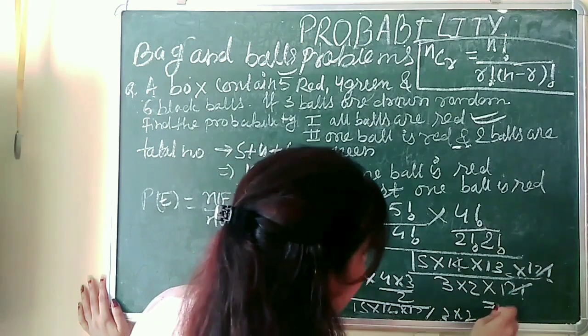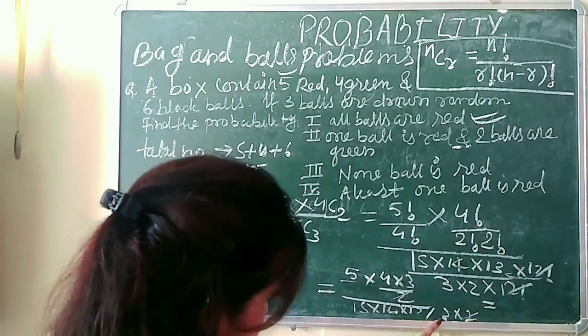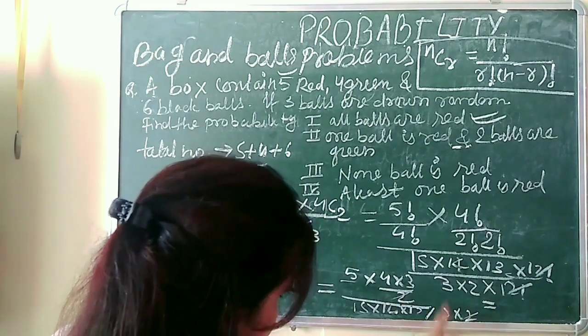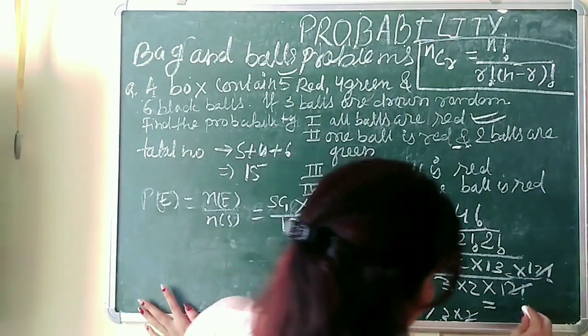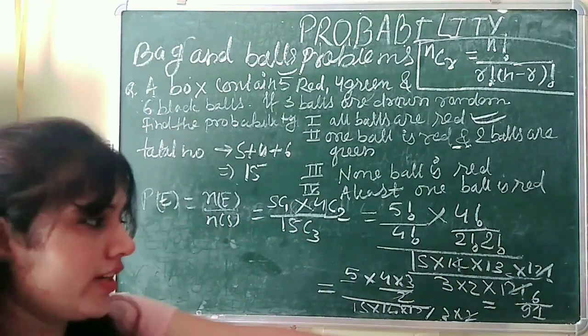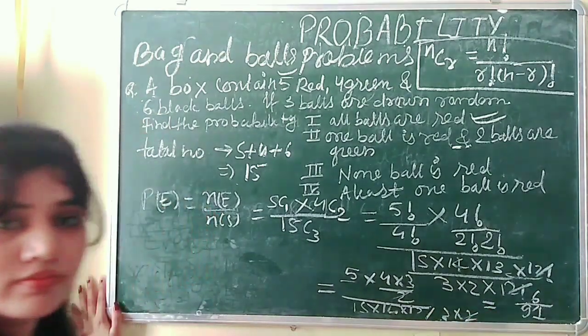If we solve this, 2 cancels out, and this 3 will come down and it will come upward. So we will get 6 by 91. You just solve this, you will get the same answer, 6 by 91.